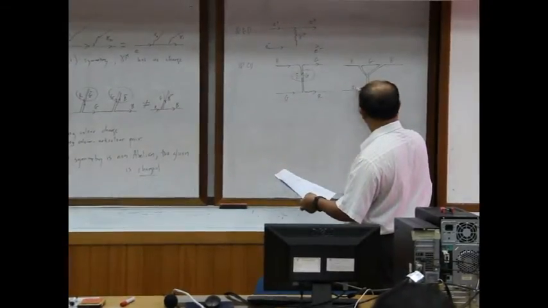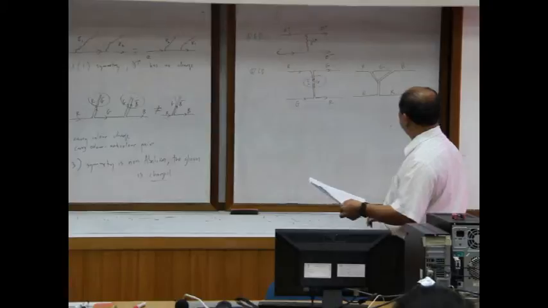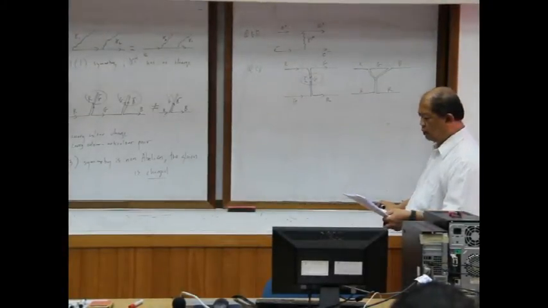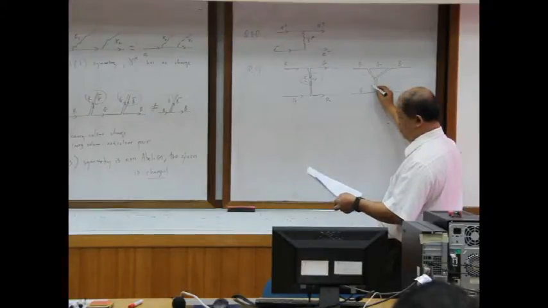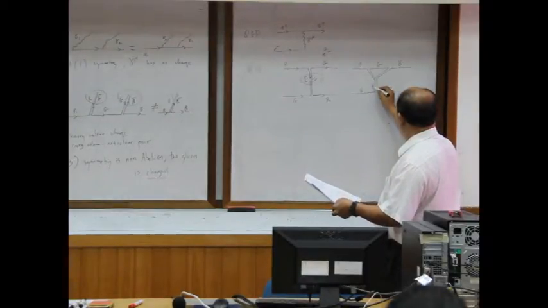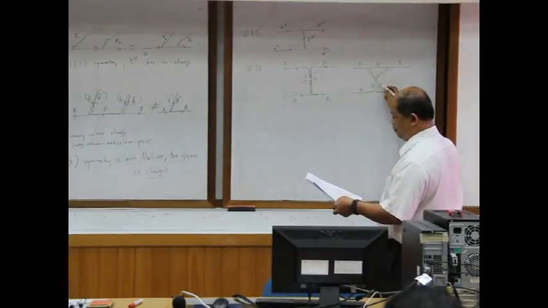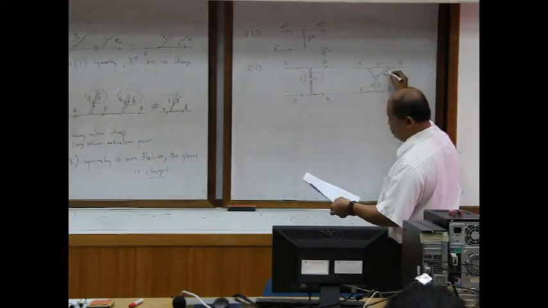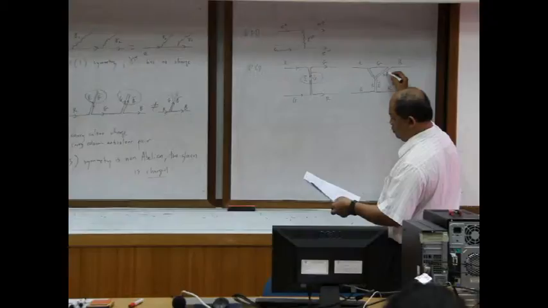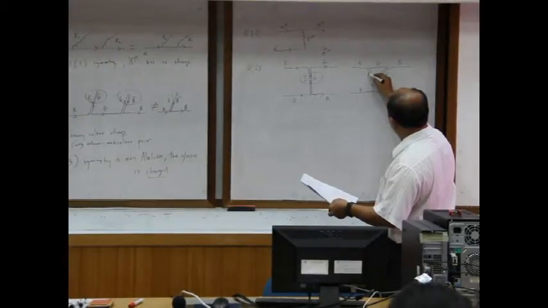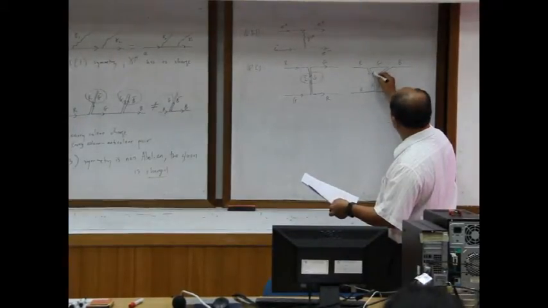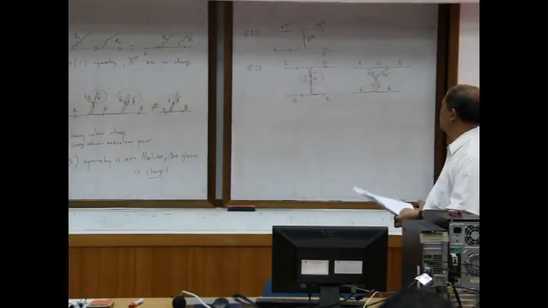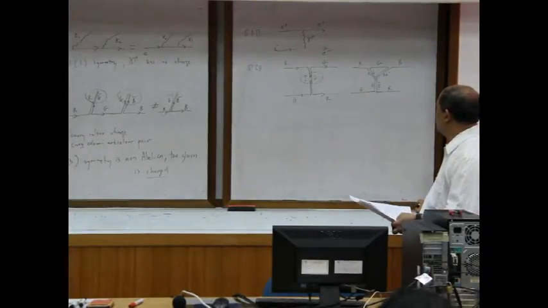Blue, red. So here you have red and blue. Here you have blue and green. And here you have red and green. So you can have a triangular interaction here.